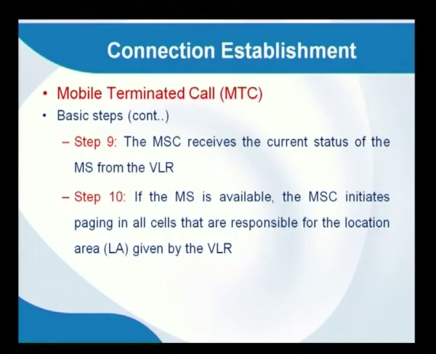In step 9, the mobile switching center receives the information about the current location from the VLR. In step 10, because of the information given by the VLR, the MSC is able to identify whether the mobile station is available. If it is available, the mobile switching center initiates the paging.